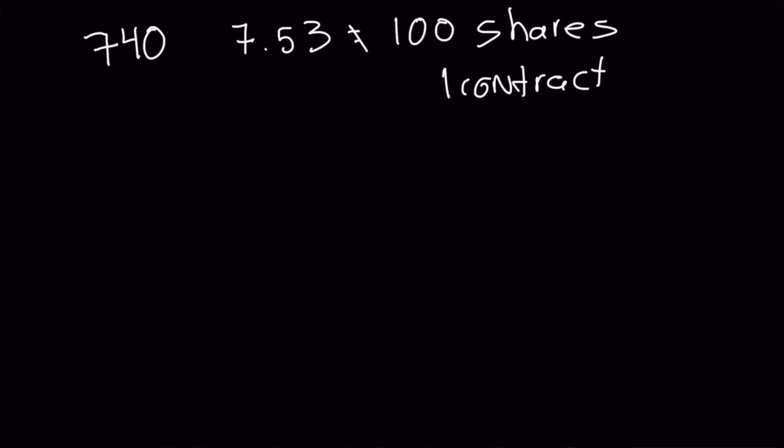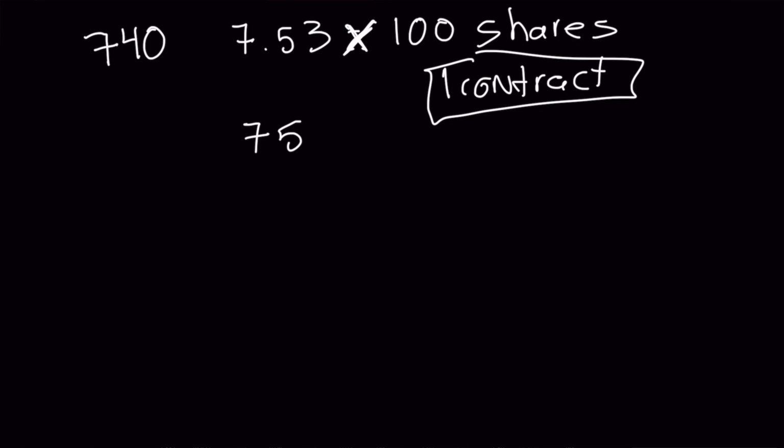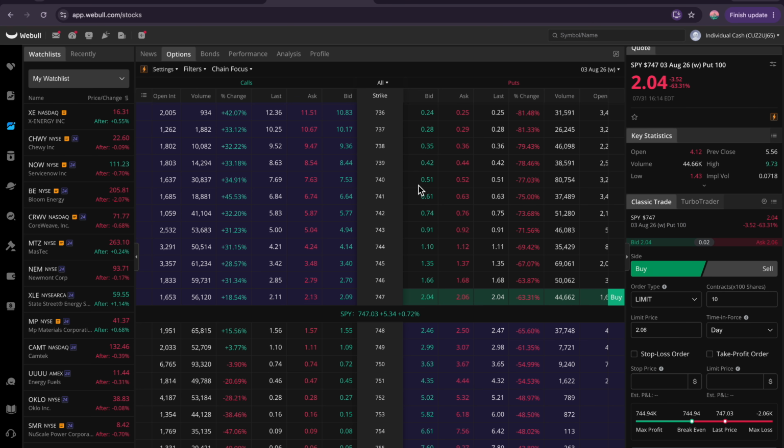So $7.53 times 100 shares in this one contract gives us a value of $753 that this contract is worth. On the other hand, at the 740 strike price, the puts are at $0.51, times 100 means you're paying around $51 to own this contract.